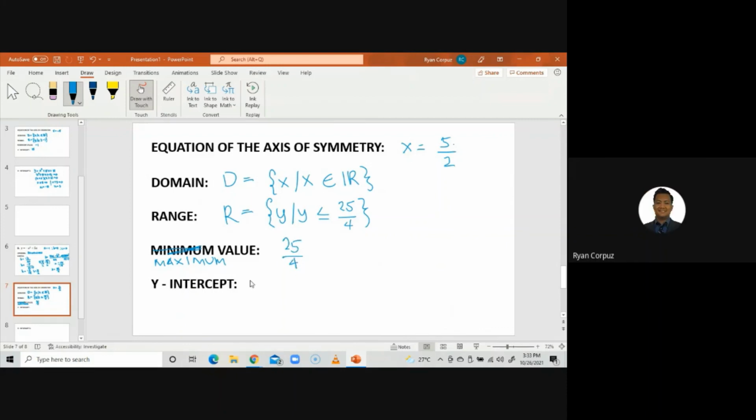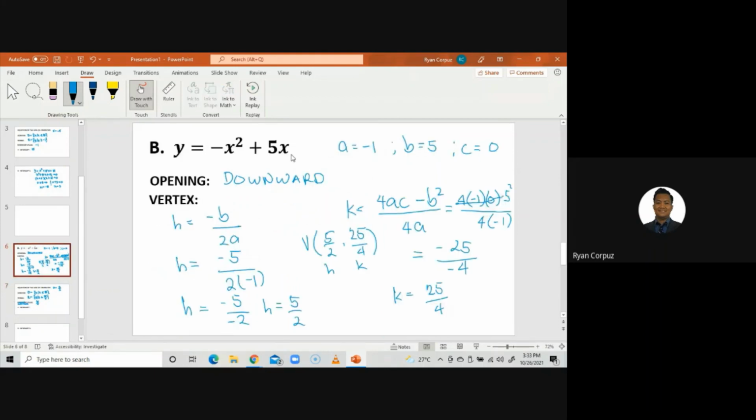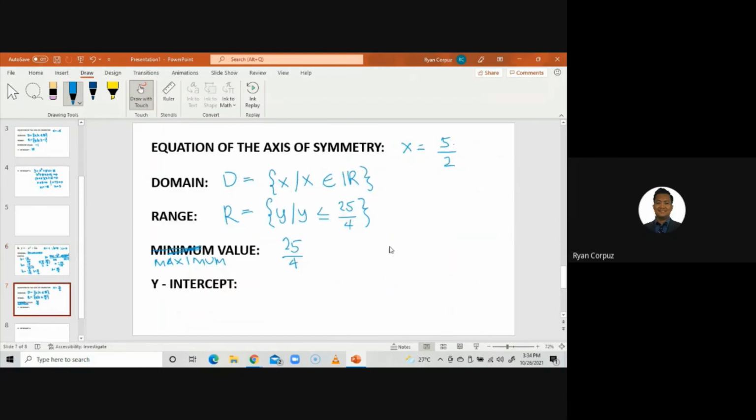Eh, anong y-intercept? Proceed tayo sa equation. Ito ang equation of the quadratic function. Sige, what would be the y-intercept? The y-intercept is 0. That is correct. The y-intercept is 0. It's because wala tayong constant term on that given equation.